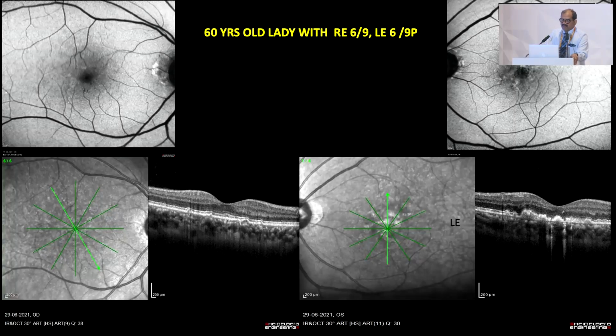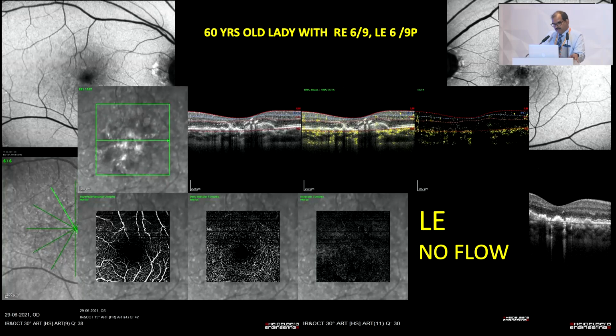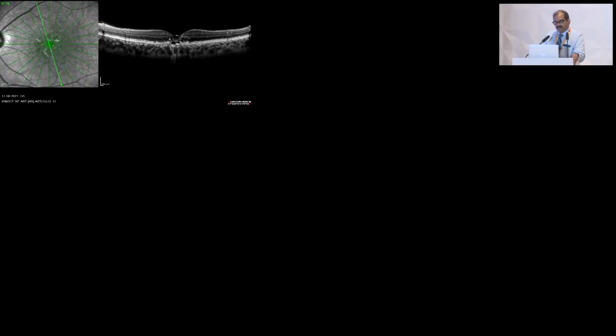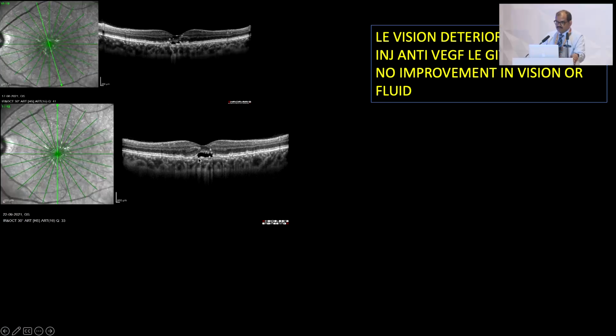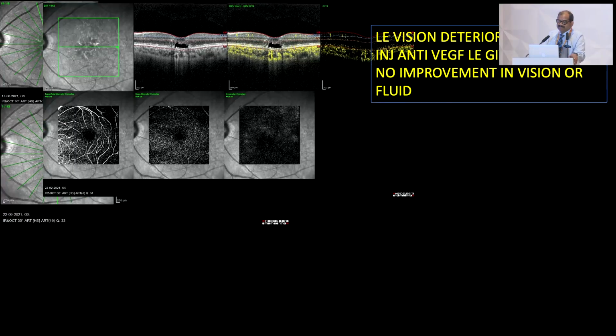This is an interesting patient, a 60-year-old lady with 6/9 vision in both eyes, with partial vision in the left eye. There was no flow. This lesion at the macula started showing some hyporeflective spaces, and the vision also started deteriorating, and it became 6/36 with subsequent visits.